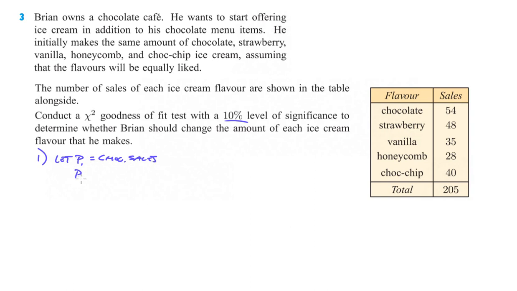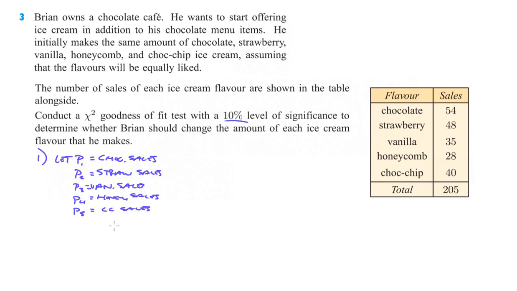P2 is strawberry sales, and so forth and so on. P3, vanilla sales. P4 is going to be honeycomb. And then P5 is going to be our chocolate chip sales.